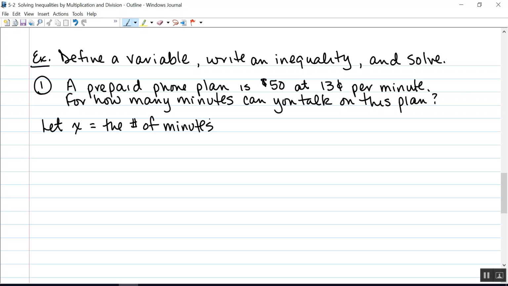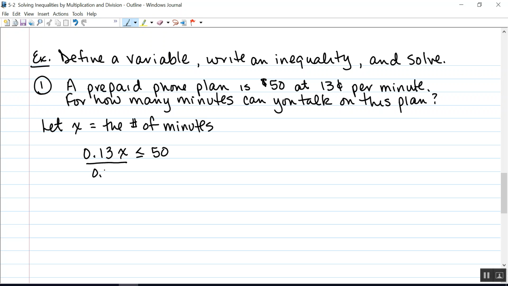And each minute is 13 cents. So to write 13 cents as a decimal, 0.13 times the number of minutes, that means 13 cents per minute, is actually going to be less than or equal to 50 because that's how many you get for $50 on your plan.